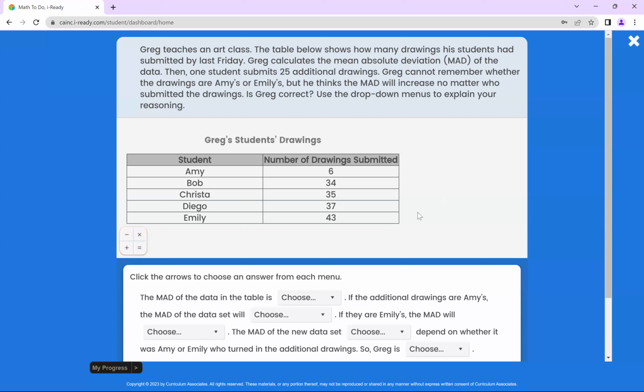Yeah, let me first read this problem before I look at the drop downs.